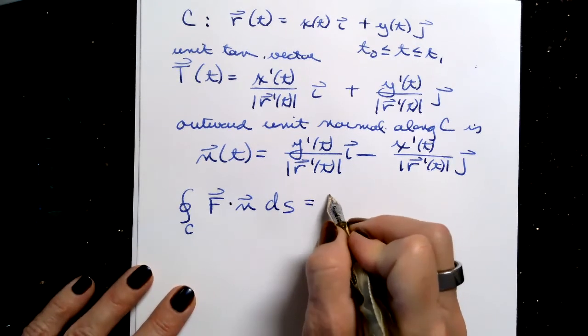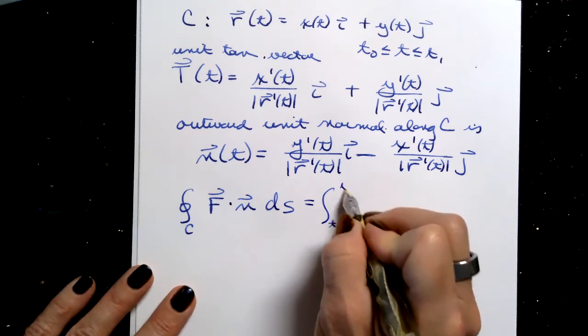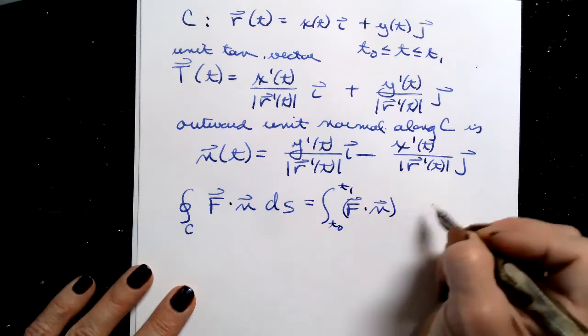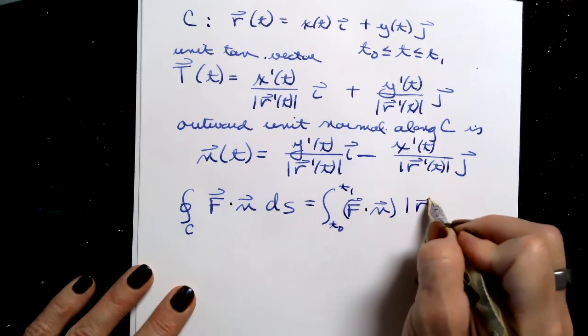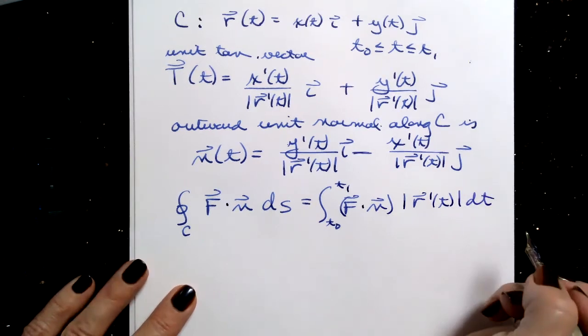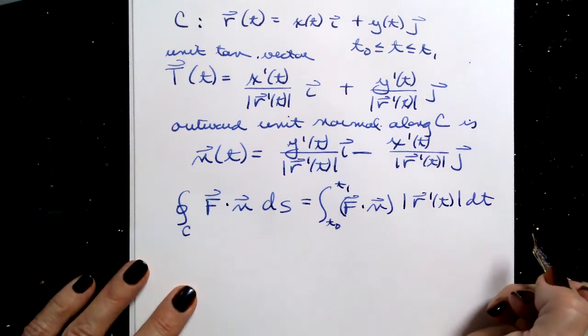That's going to be the integral from t0 to t1 of f dot n, written in terms of the parameterization, times the length of r'(t) dt, because that's what ds is. We also remember that from much earlier in the course.